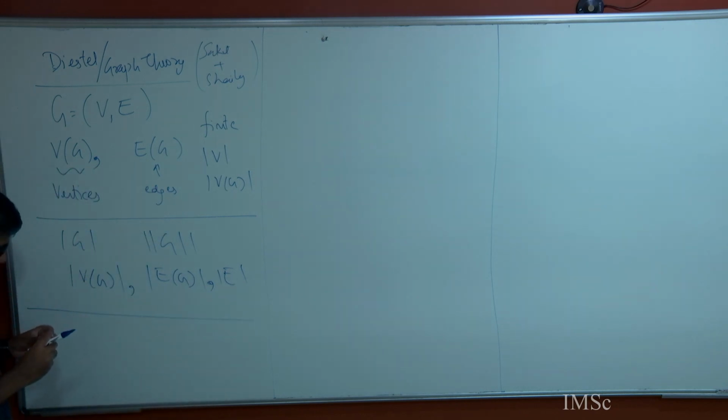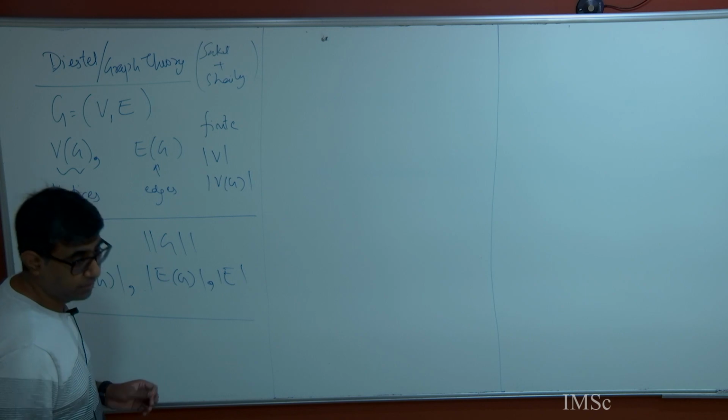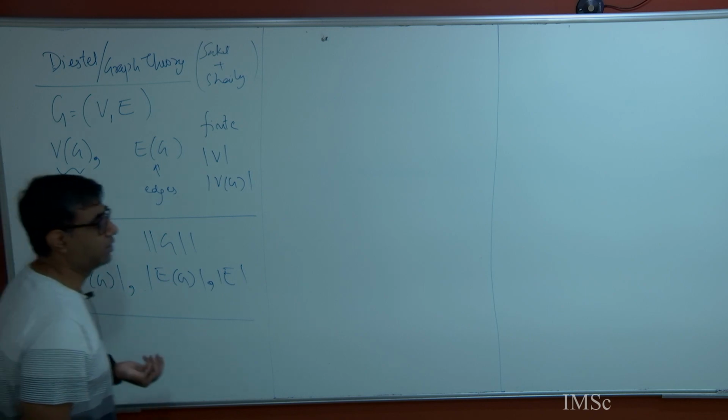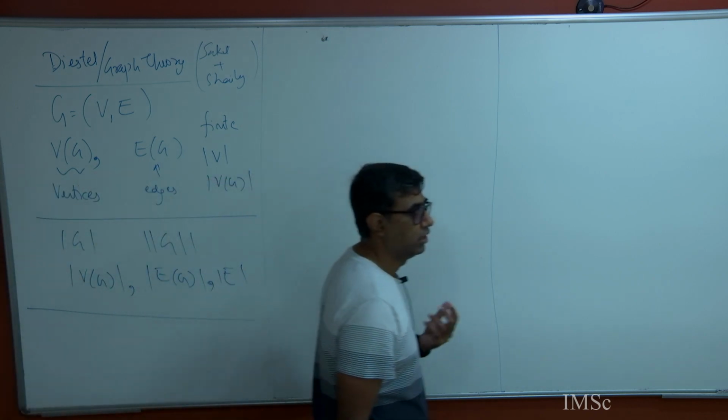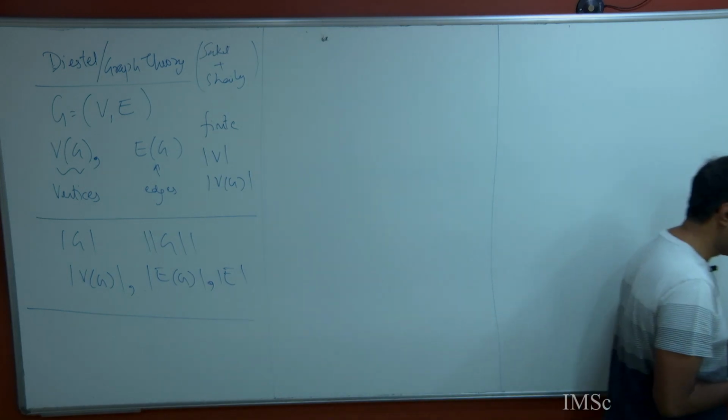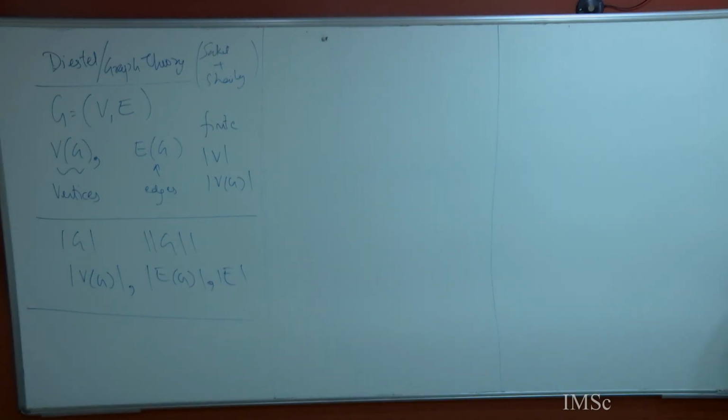Okay, so in graph theory, this is purely a graph theory course. I'm not going to teach from an algorithmic perspective. Okay, which means that the focus is very different. When one teaches, say for example, matching theory, the algorithm's correctness depends on the structure, but that's not the focus.